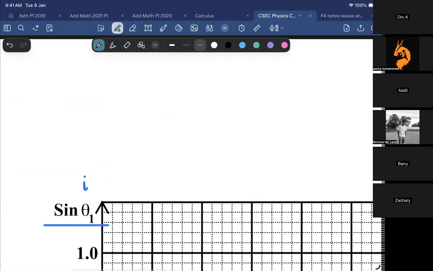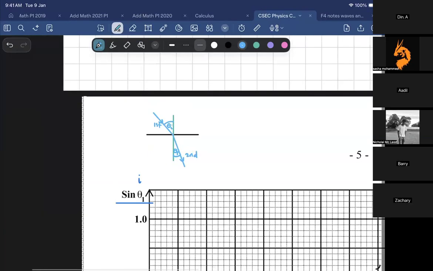Anytime you have a diagram, isn't the first angle the angle of incidence? Think about it. This is the boundary line. This is your normal. This is your angle of incidence, theta I, and this is your angle of refraction. So this is the first angle, and this is the second angle.